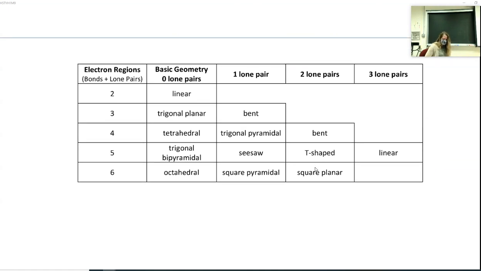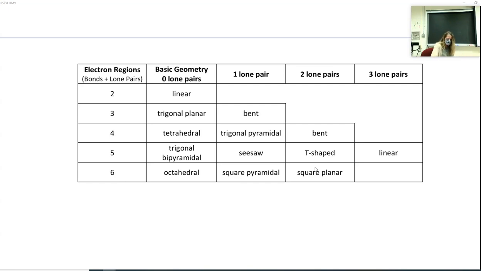Now, we get a little bit more complicated. You'll see that in the 4th and 5th lines of the chart, we've got some strange shapes. Trigonal bipyramidal, octahedral, seesaw, square planar. The shapes are not endless, but there's a lot.